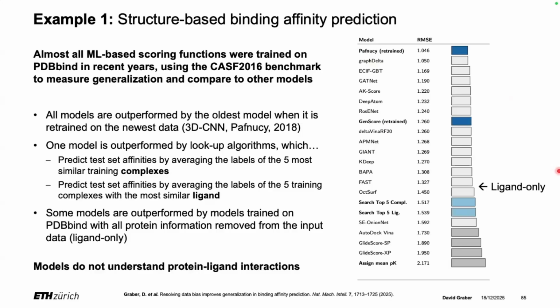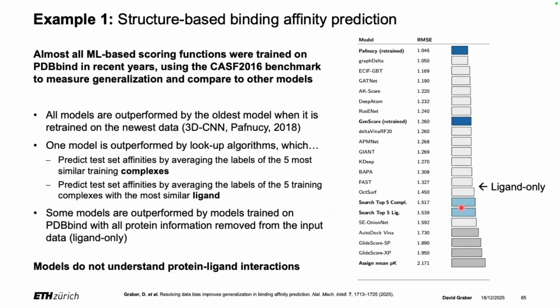And then one model is also outperformed by simple lookup algorithms that we devised, that just for each test complex search for the 5 most similar training complexes and average their affinity labels to make a prediction for the test complex. This performance here. And then we also made a search algorithm that just searches for the training complexes with the 5 most similar ligands and also averages their labels.